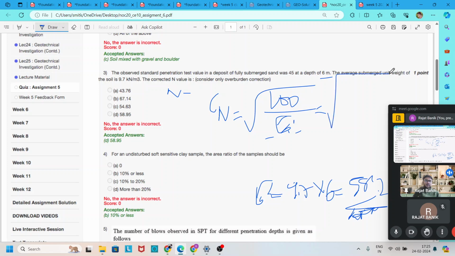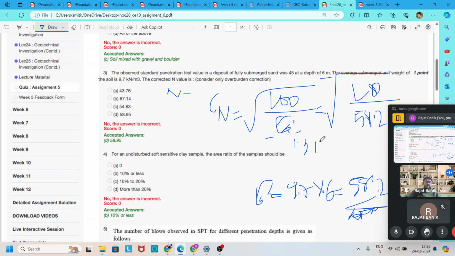Here sigma dash is 58.2, so it is 100 divided by 58.2. After calculating this, it has become 1.31.